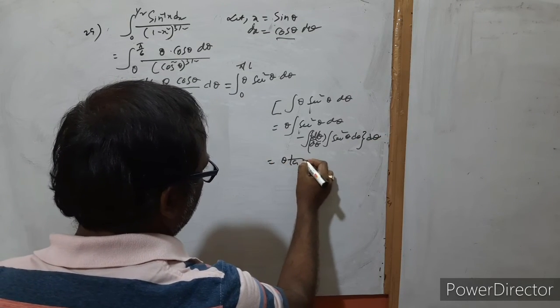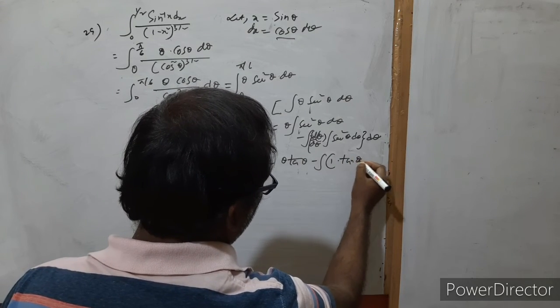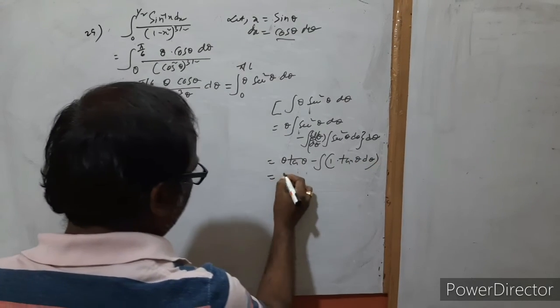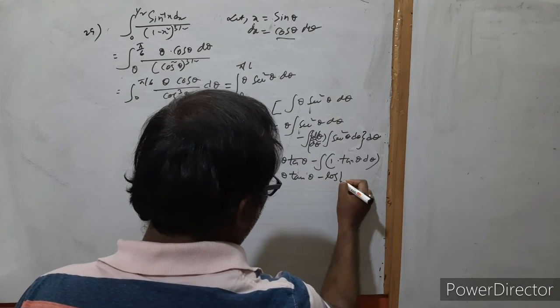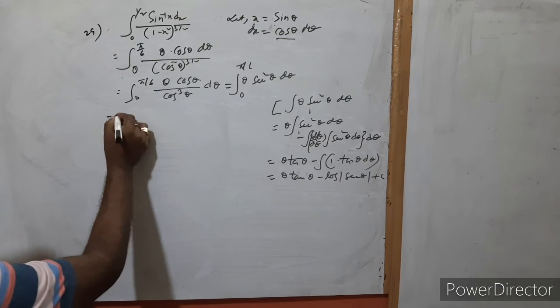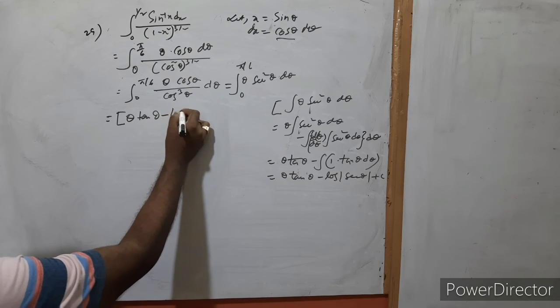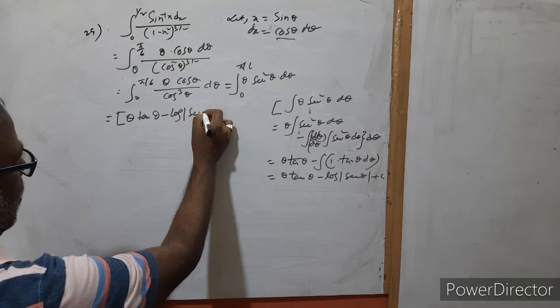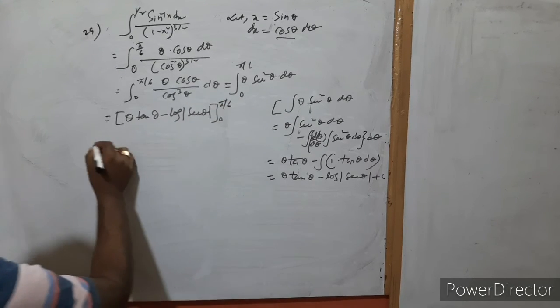This is theta tan theta minus the integral of tan theta d theta, which is theta tan theta minus log|sec theta| plus c. So therefore the result is theta tan theta minus log|sec theta| from 0 to pi by 6.